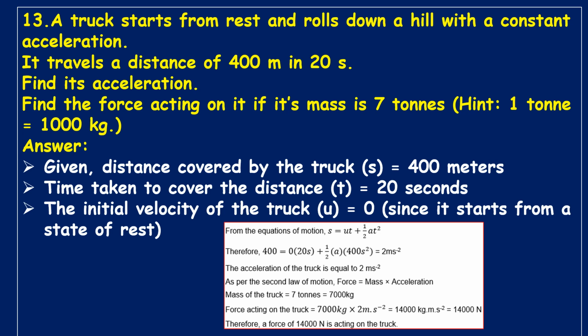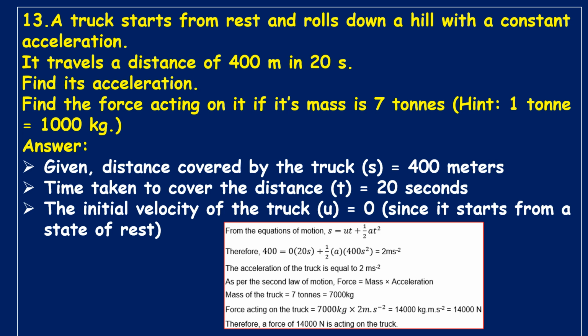Acceleration we have already calculated. Now force equals mass, 7,000 kg, times acceleration, 2 meters per second square. That gives you 14,000 kg meter per second square, which is 14,000 newtons, since 1 newton is equal to 1 kg times meter per second square.